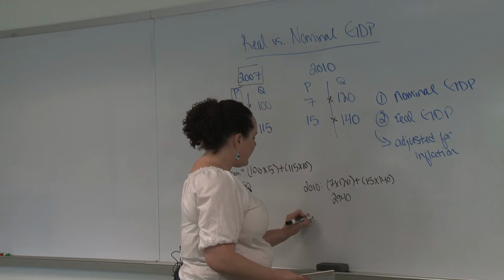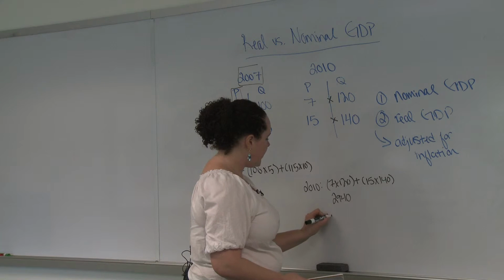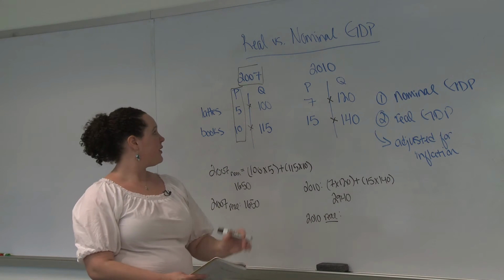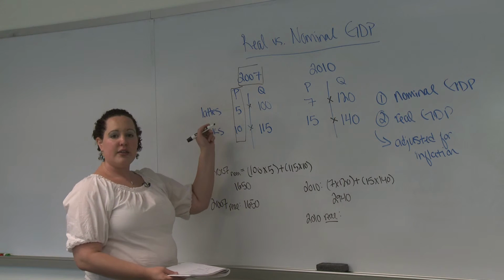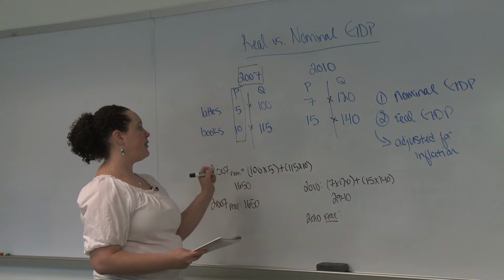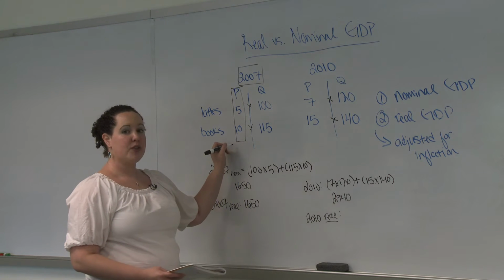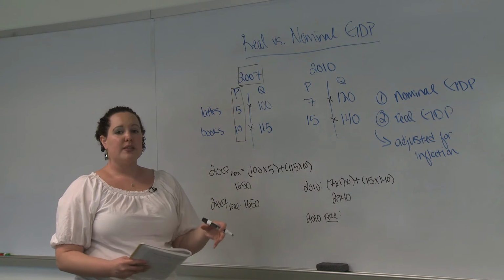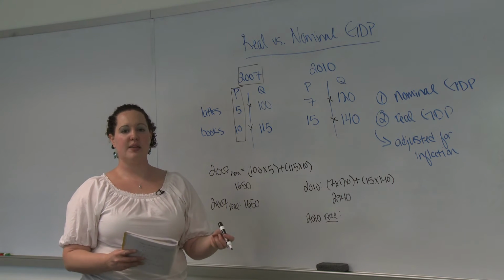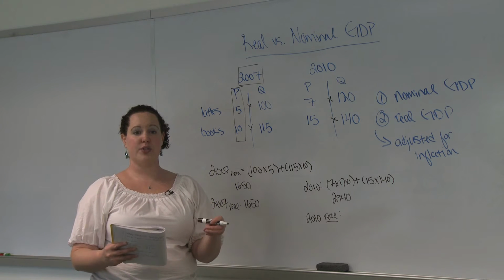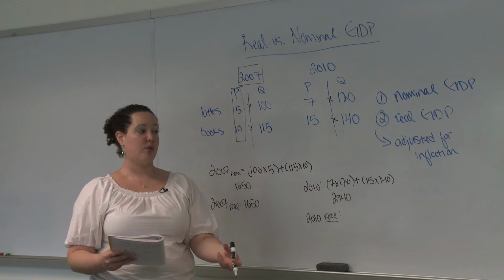Now, when we're looking at real GDP in 2010, that's when it gets a little bit trickier. We specified that 2007 is our base year. So when we're looking at real GDP for 2010, we're going to continue to use 2007 prices. And like I said with real GDP, we want GDP to be a measure of the amount of stuff that we're producing, the amount of output that we're producing.